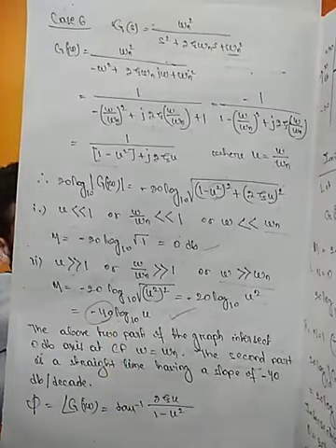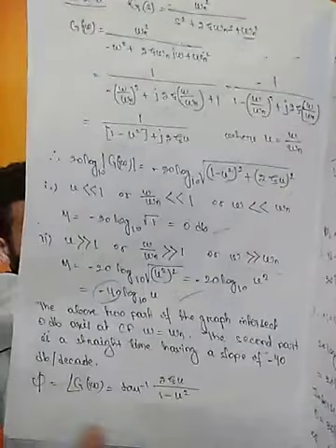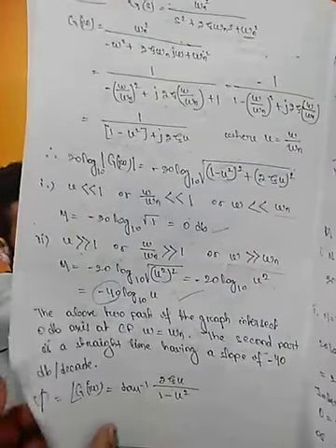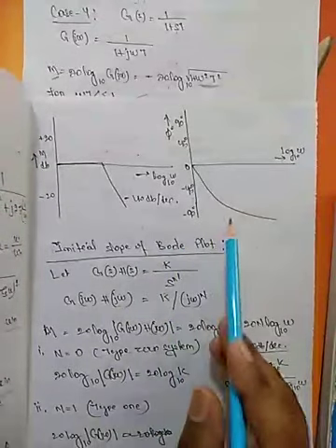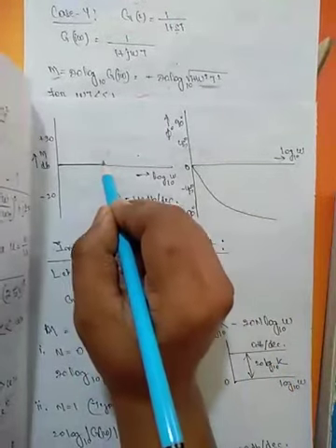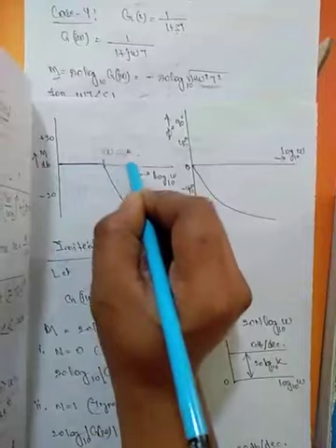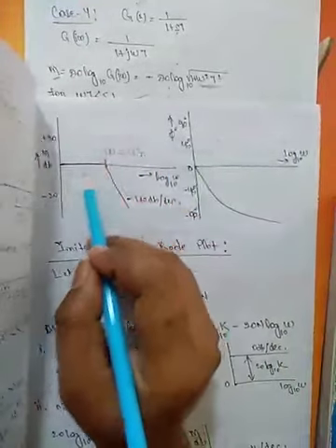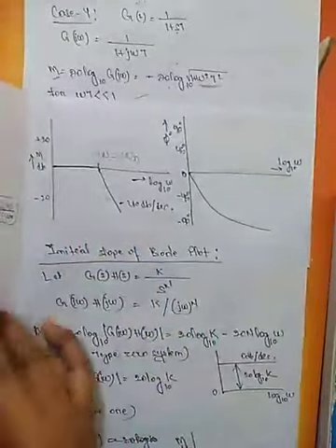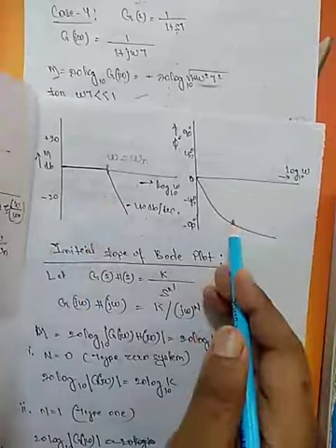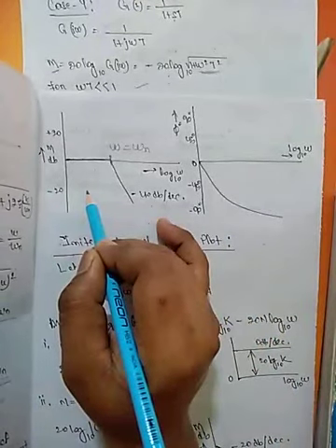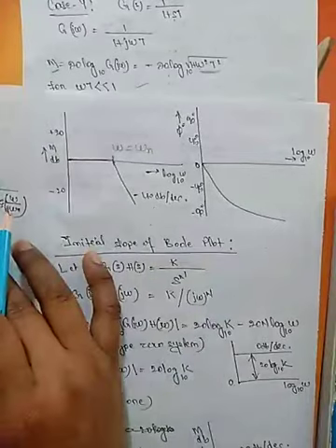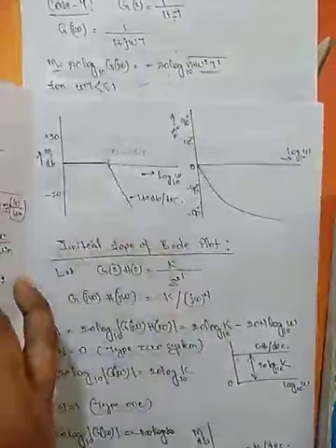Now we see this is the phase angle, this is the nature of the curve. This is the corner frequency, omega equal to omega n. This one is the magnitude curve, and this one is the phase angle curve. The magnitude versus frequency curve has two parts.